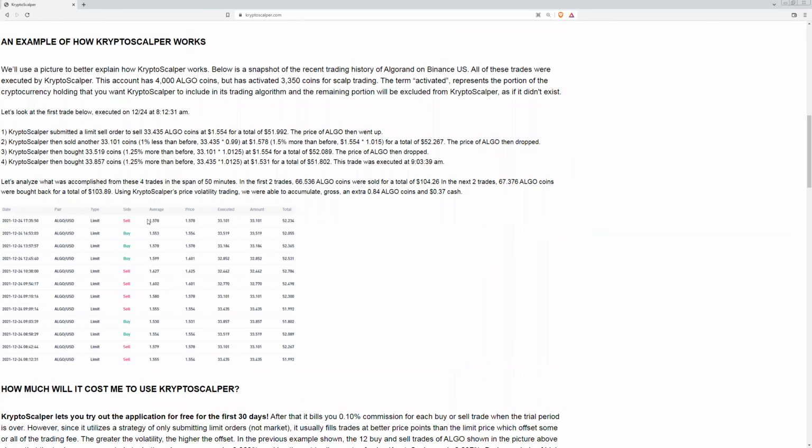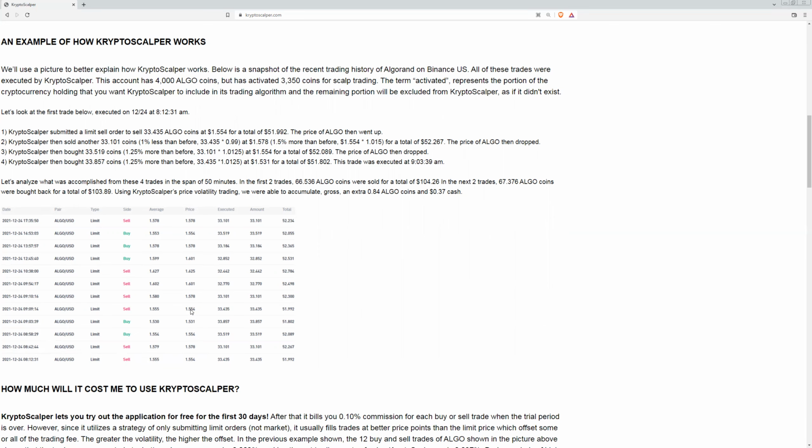Here I'm showing you an actual trading history of a user using KryptoScalper on their Algorand coin on the Binance US platform. As you can see here, for every price level up Algorand went, KryptoScalper would sell a little piece of Algorand.